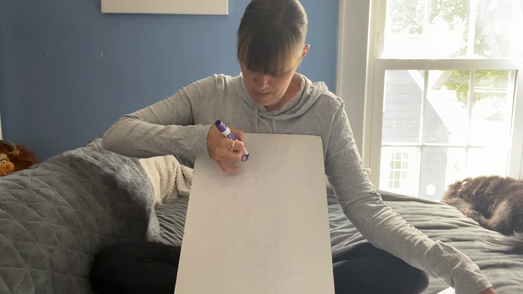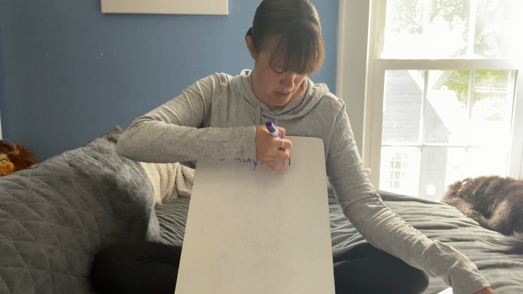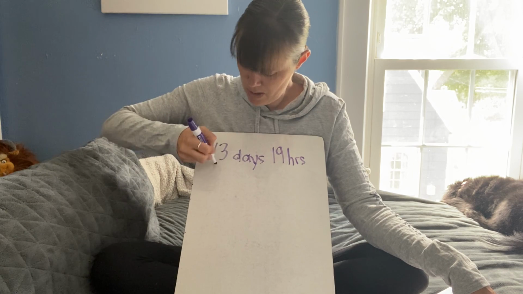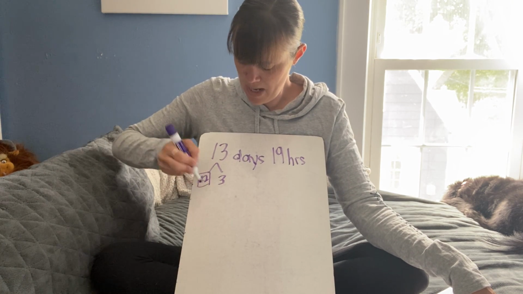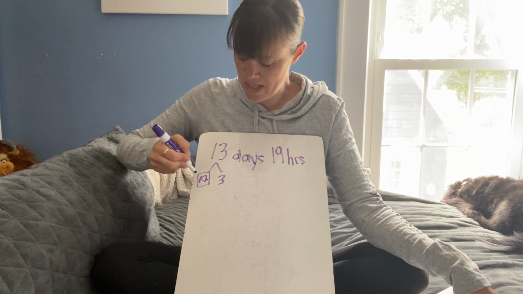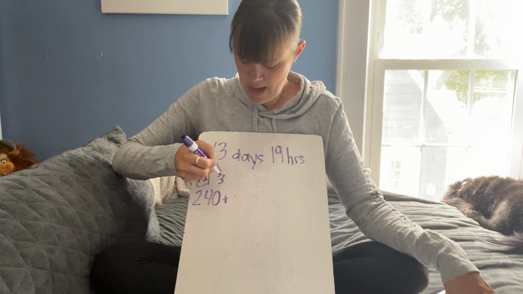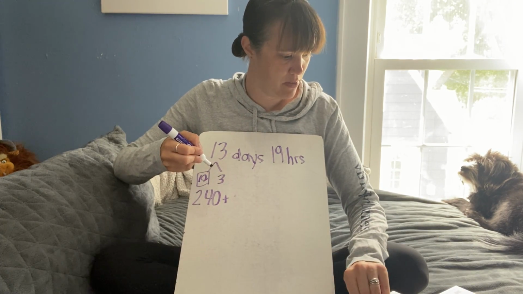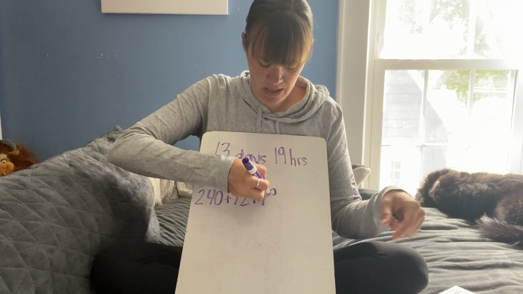But we can break this apart using our chart. This is 10 plus 3, right? So how many hours for 10 days? That's 240 hours. And how many hours for 3 days? 72, right? Yep. Plus 72 plus our 19 hours.